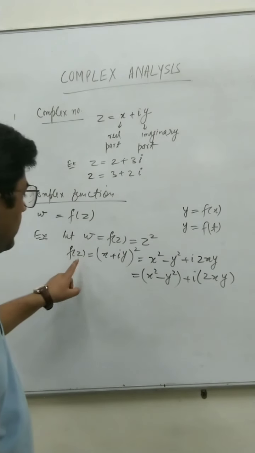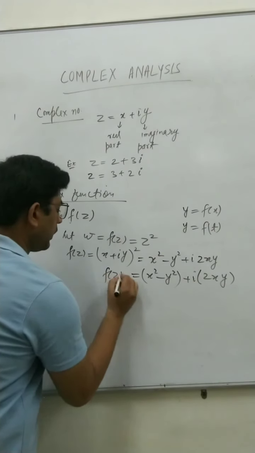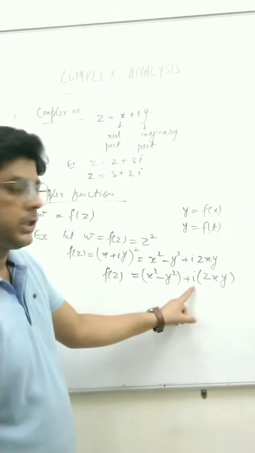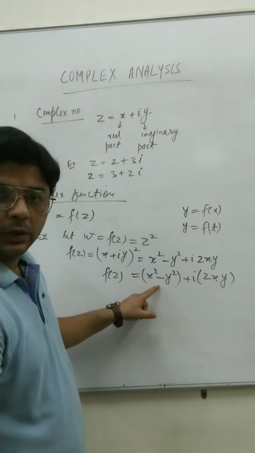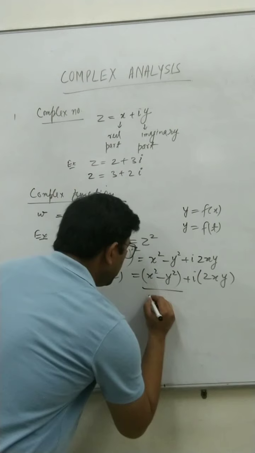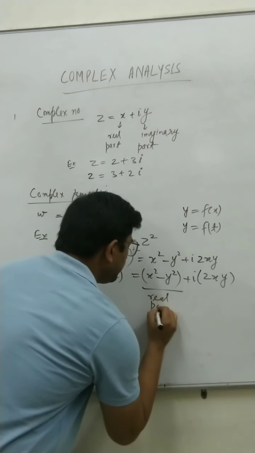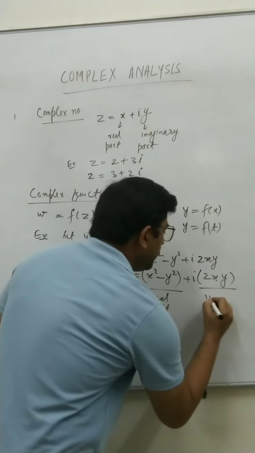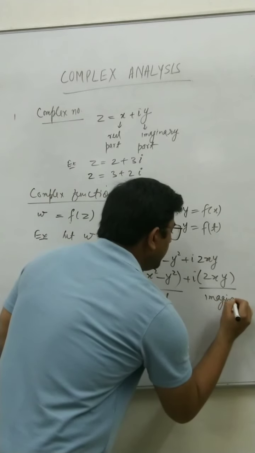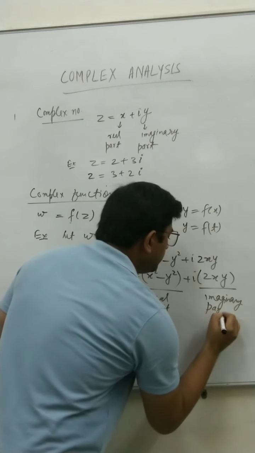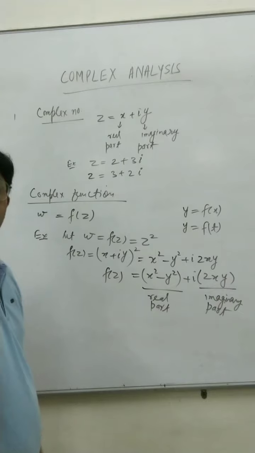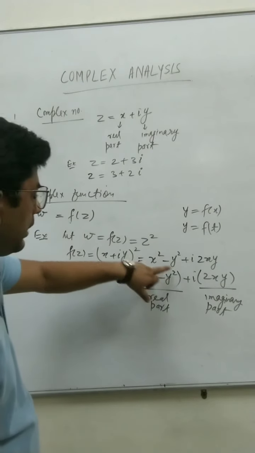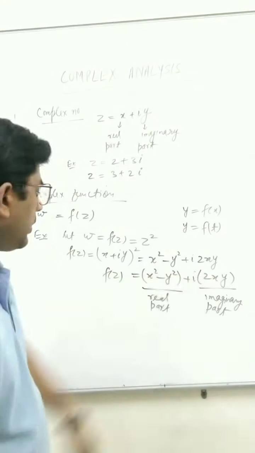Here we can see that in f(z) we have two parts. One part is with i and another part is without i. This part is the real part and this part is the imaginary part. Suppose we denote this real part by u and this imaginary part by v.